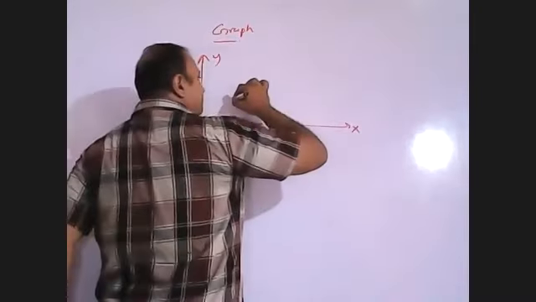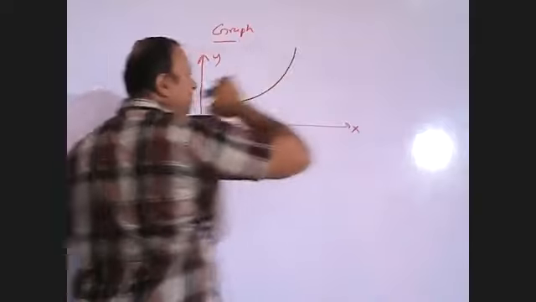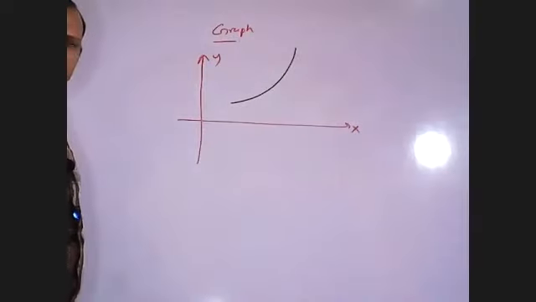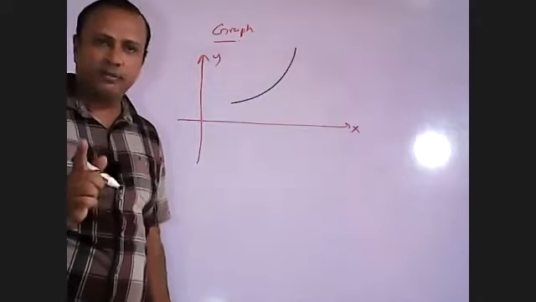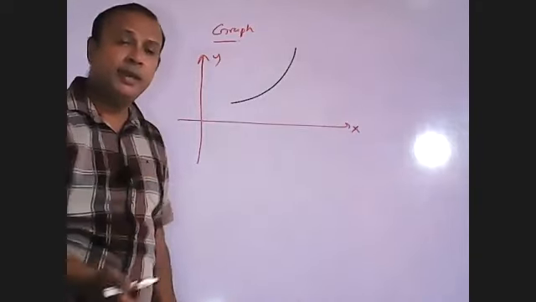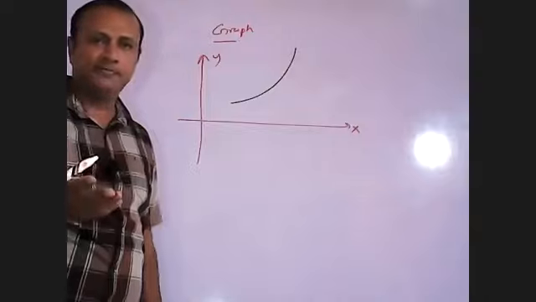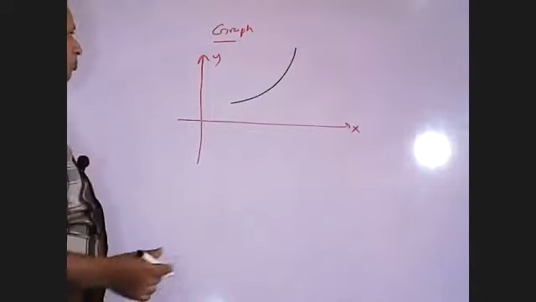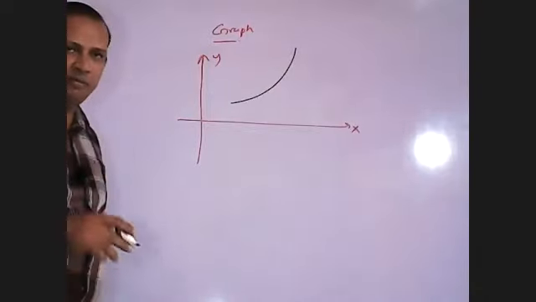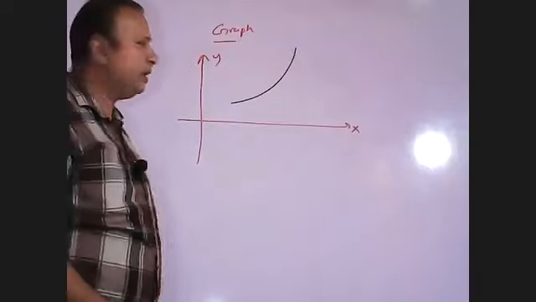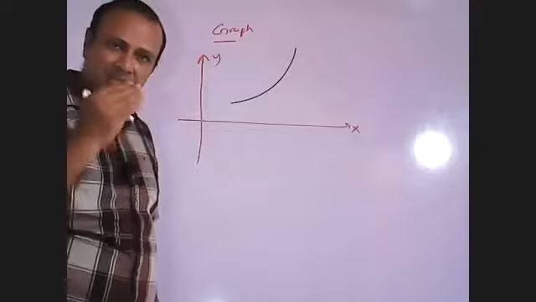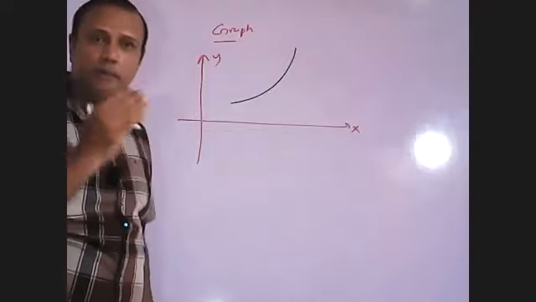Suppose there's a graph here. Actually, we have to define a gradient at a particular point because the gradient may change or vary from point to point. Gradient may be a constant, but it may be changed or varied.